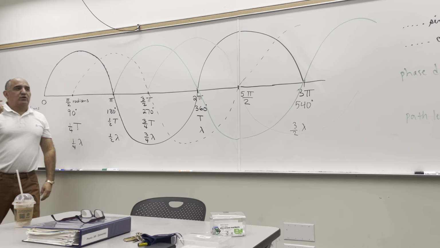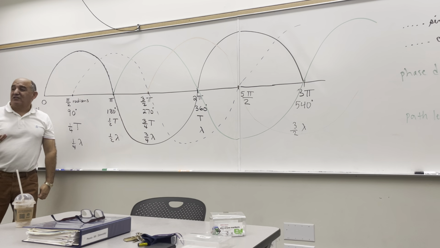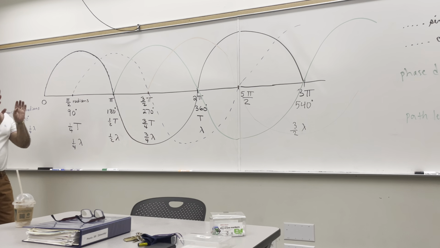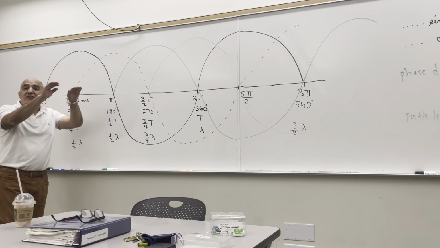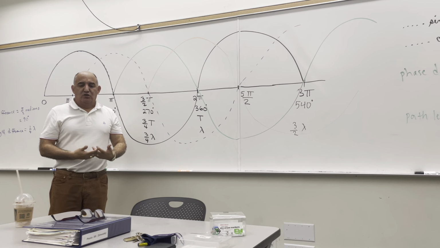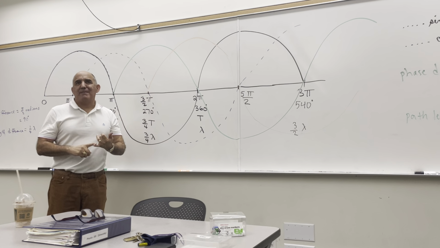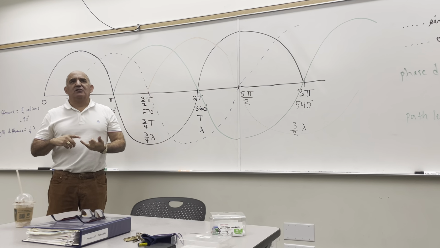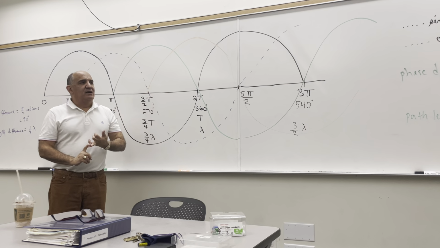So we're going to talk about constructive interference. Constructive interference is when one is on top of the other one so that they reinforce one another, giving you a maximum. So constructive interference refers to a maximum condition, reinforcement.